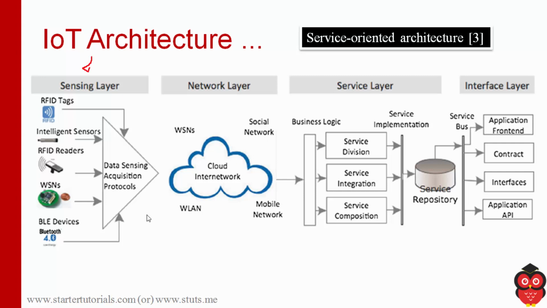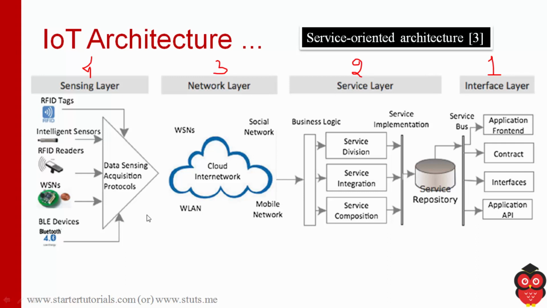So you have the sensing layer, the bottom layer, and after that you have the network layer which provides communication, and after that you have the service layer which provides different services and the management of the services, and the last one is the interface layer through which the services are accessed using interfaces.